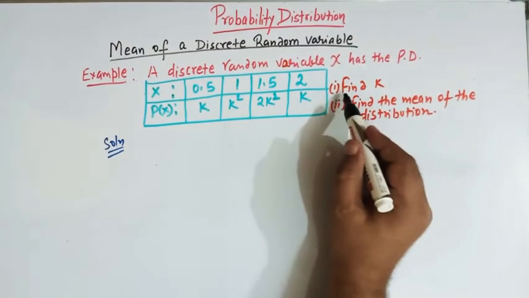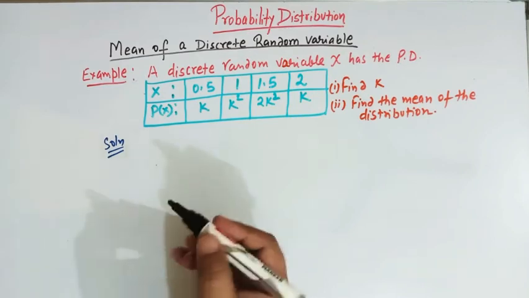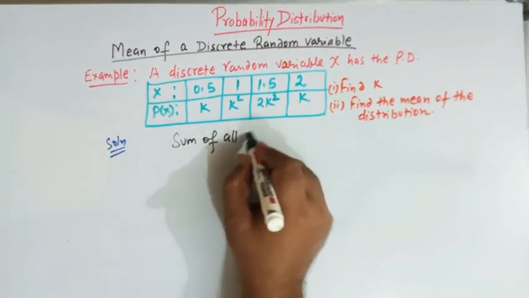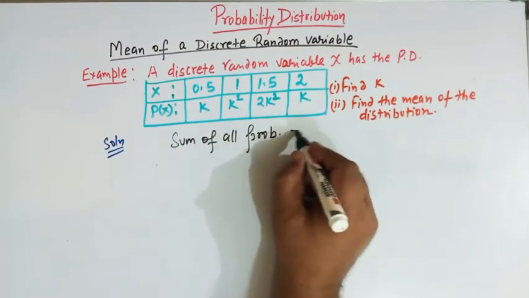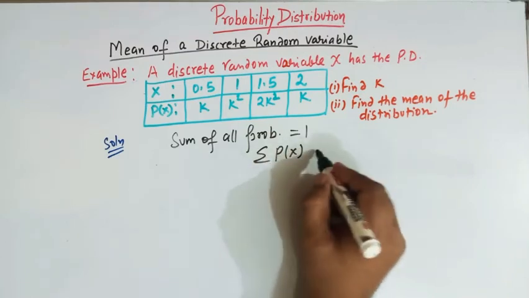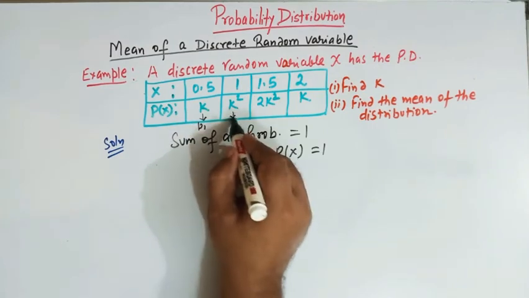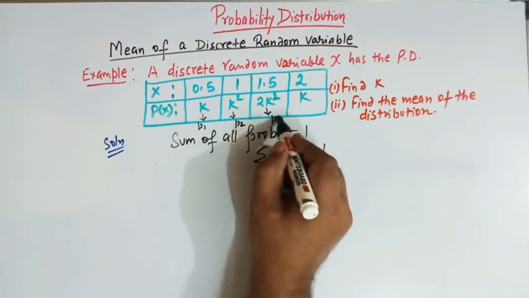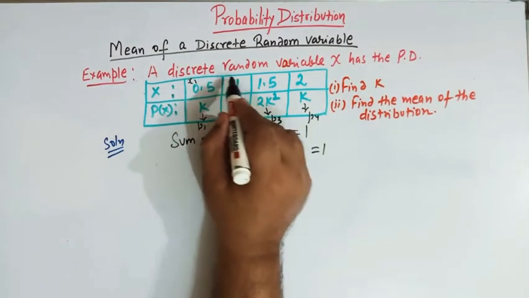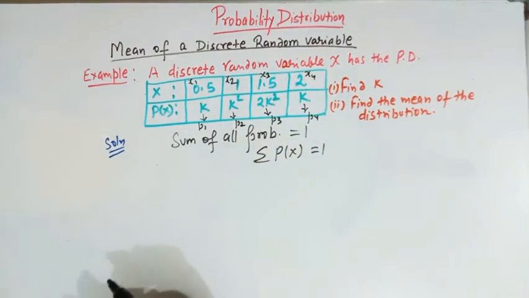Now here we have to first find the value of k, so we'll again make use of the result that the sum of all probabilities should be equal to 1. It means sigma of px must be equal to 1, and if this is p1, this is p2, this is p3, this is p4, and this value is say x1, this is x2, this is x3, and this is x4, right?